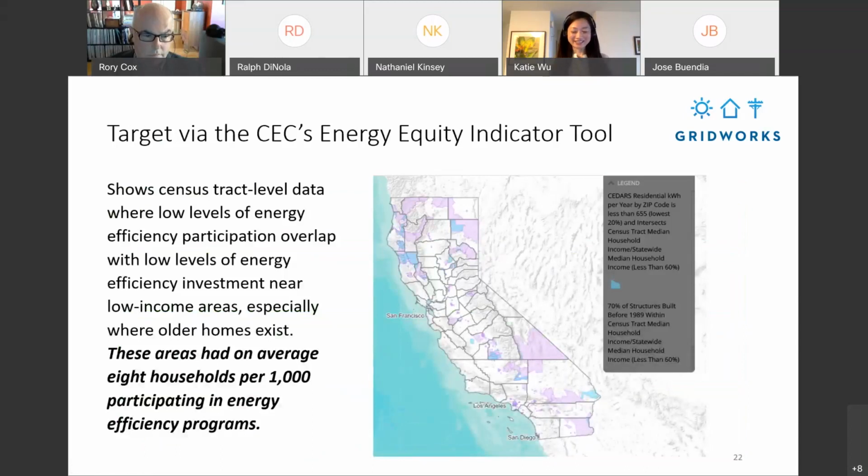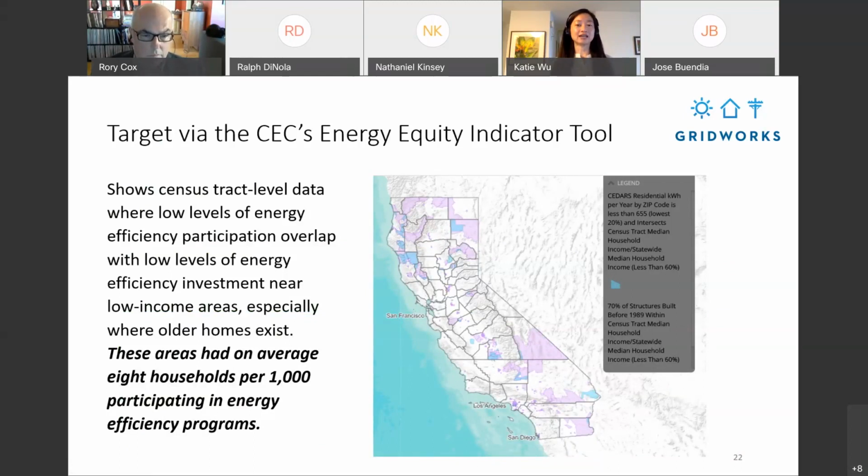And I think I can't emphasize enough the importance of investing in underserved communities. These communities are going to be critical to achieving the market transformation we seek and the heat pump adoption rates that we need to achieve climate goals. And the CEC's Energy Equity Indicator tool includes map data with census tract level data to show where there have been low levels of energy efficiency participation in the past.